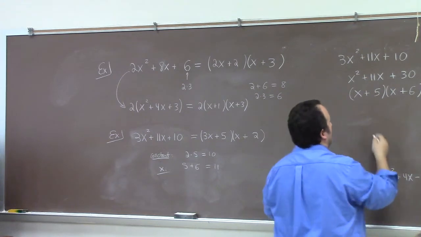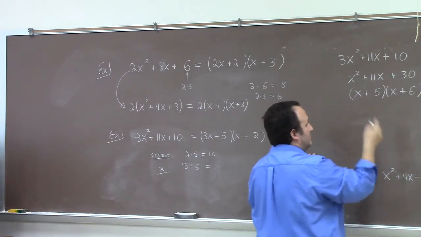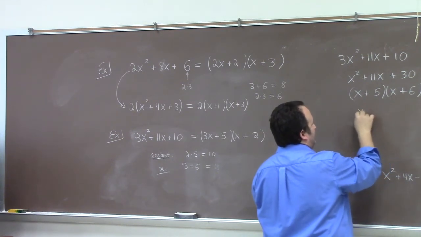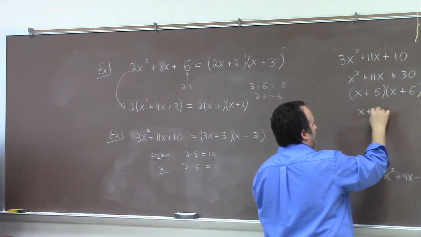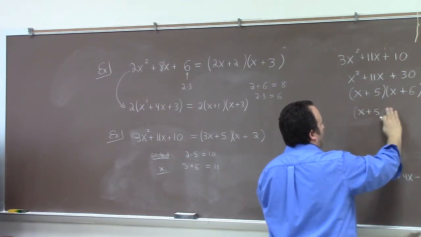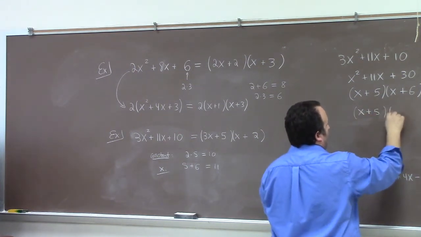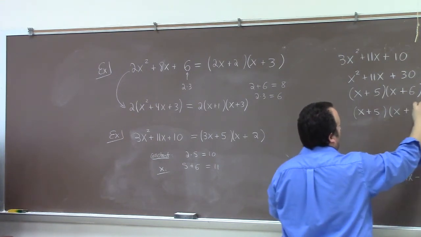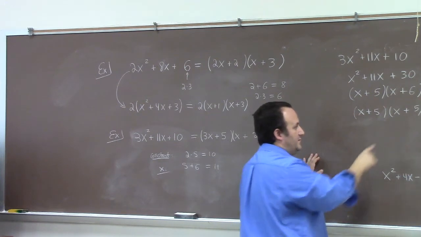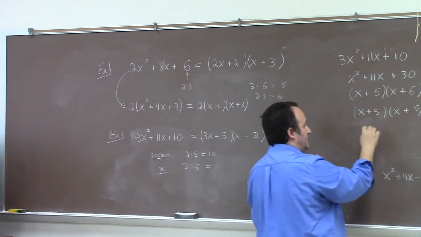And then you divide by 3, but not really. You do x plus 5 over 3. No, wait a minute. x plus 5 times x plus 5 over 3. And then whatever you have that one, you multiply that by 3.